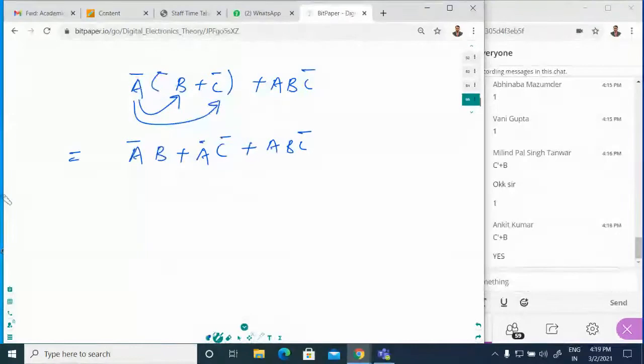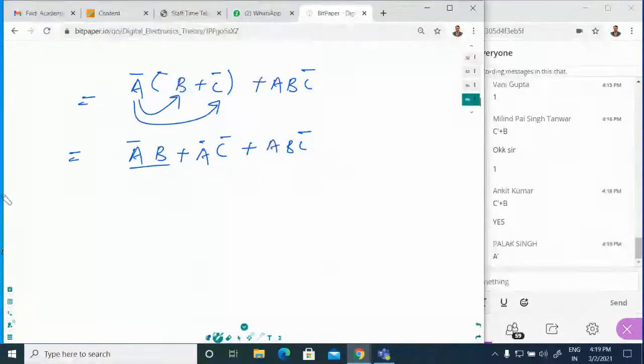Now, next, which value will we take common? Right here A bar B is there, then AB is there. So you can take the value common from this particular equation.